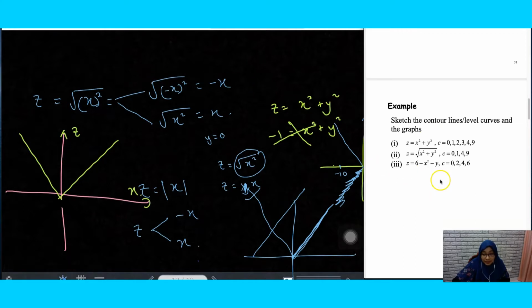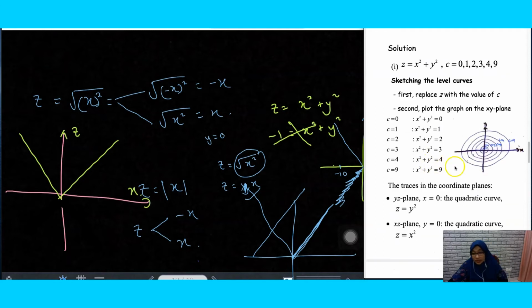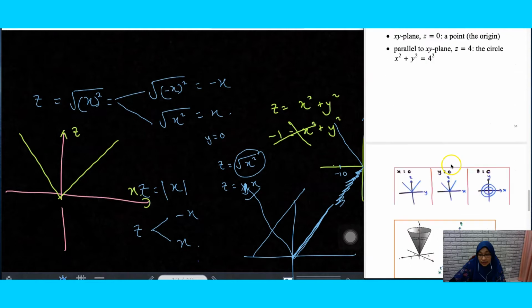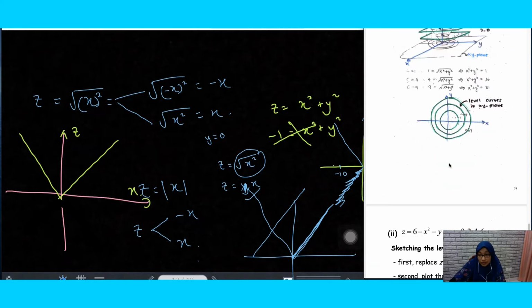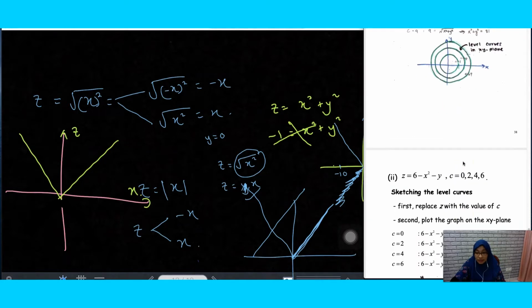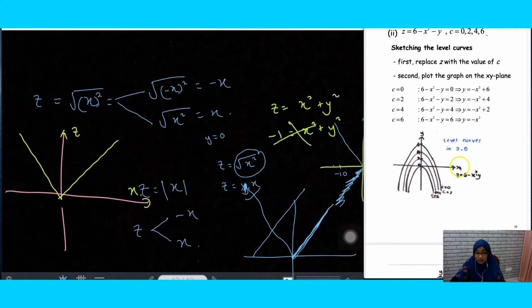Here I will share this in the e-learning so that you can try and reproduce them yourself. I think it has already been discussed in the lecture notes that I gave you previously, but maybe there is no specific explanation on the level curves. So I will share this with you in the e-learning.